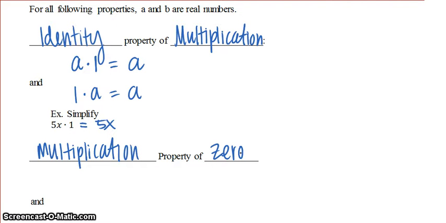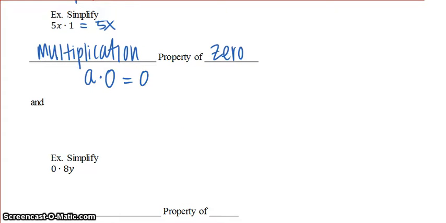Multiplication property of 0 basically states that if you take A as your number and you multiply it by 0, you're going to get 0 regardless, because anything times 0 is 0. This is something you already kind of know, but it has an actual title. Or you could say 0 times A, it's still going to equal 0. So our example, 0 times 8y, that's going to be 0.